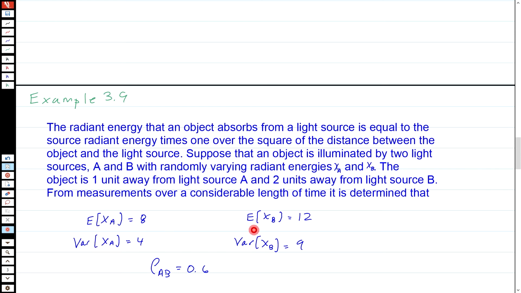And the mean of the radiant energy emitted by source B is 12 with variance 9. And let's suppose that these two radiant sources have a correlation coefficient equal to 0.6. In other words, when one of them is stronger, it's more likely that the other is also stronger.